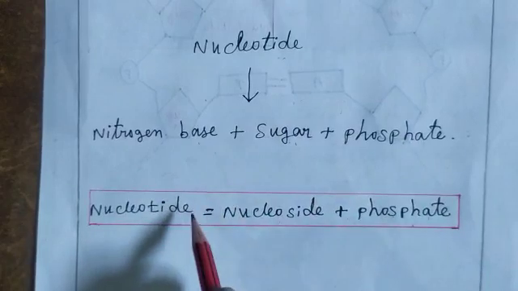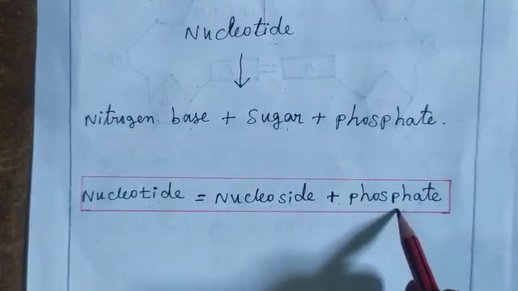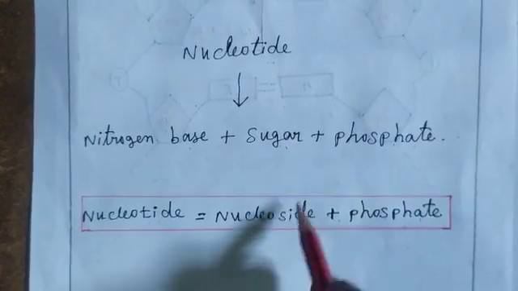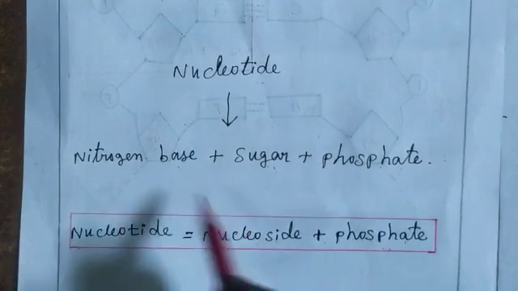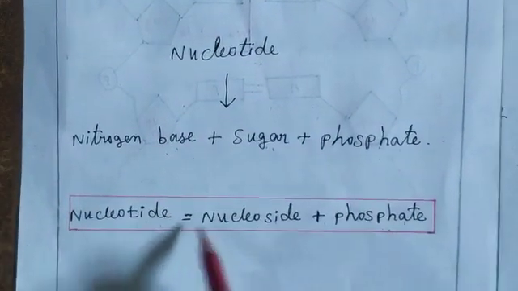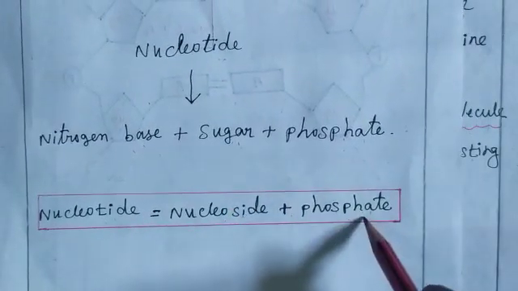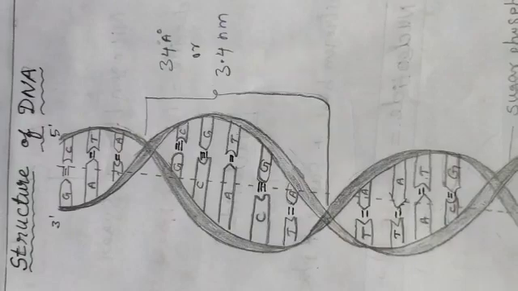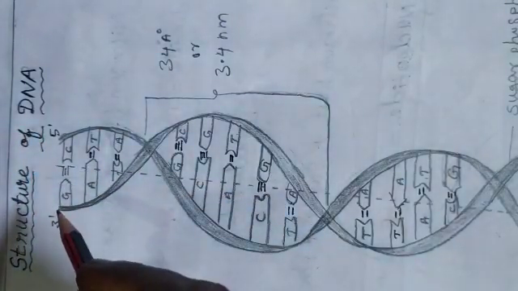So we can say a nucleotide consists of nucleoside plus phosphate. Understand? Next we see the structure of DNA, or the Watson and Crick model of DNA.